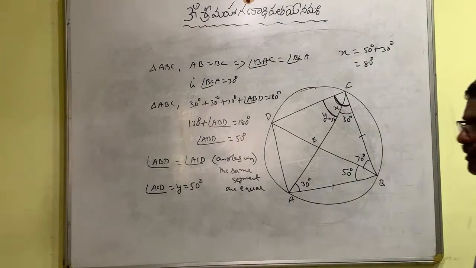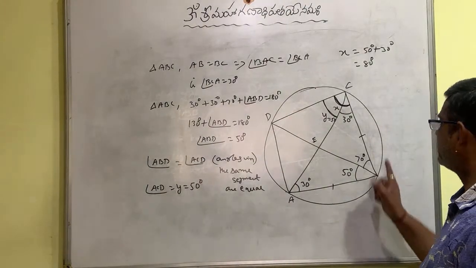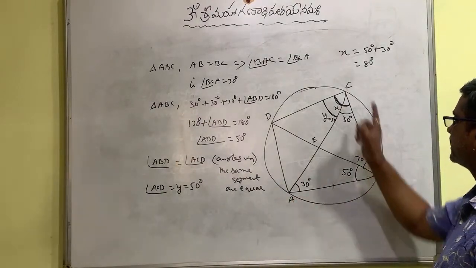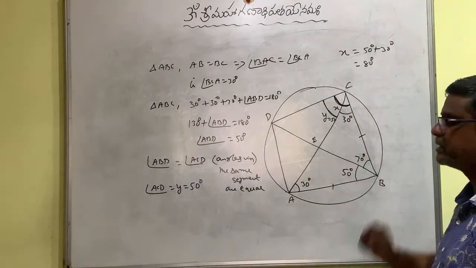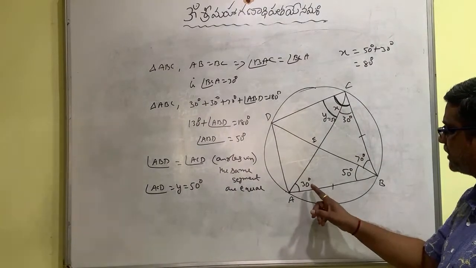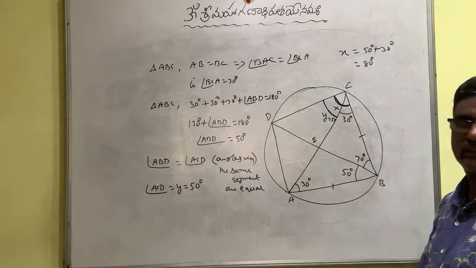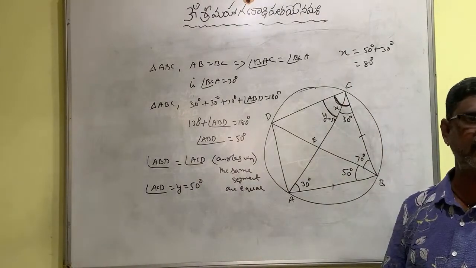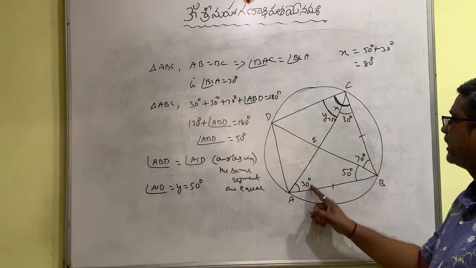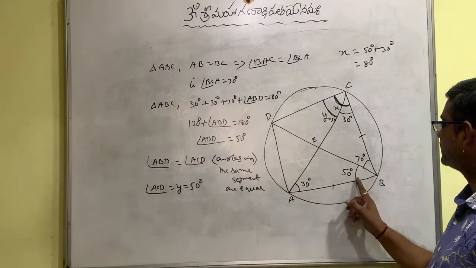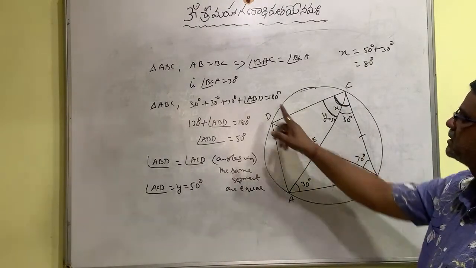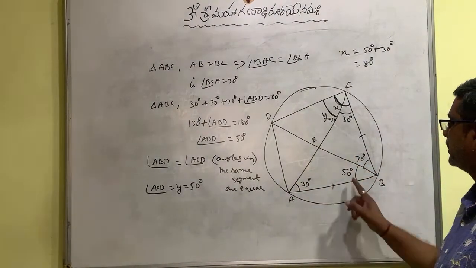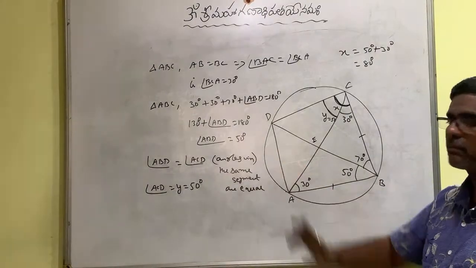Once again, children, triangle ABC is an isosceles triangle with AB equal to BC. So this angle is 30, this angle is also 30. Now in triangle ABC, sum of interior angles is 180. So 30 plus 30 plus 70 plus this angle is 180. Then this angle is 50 degrees.